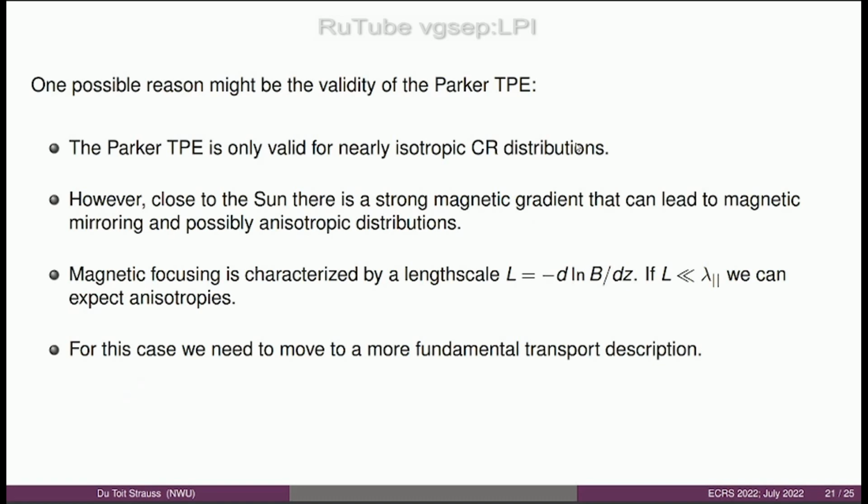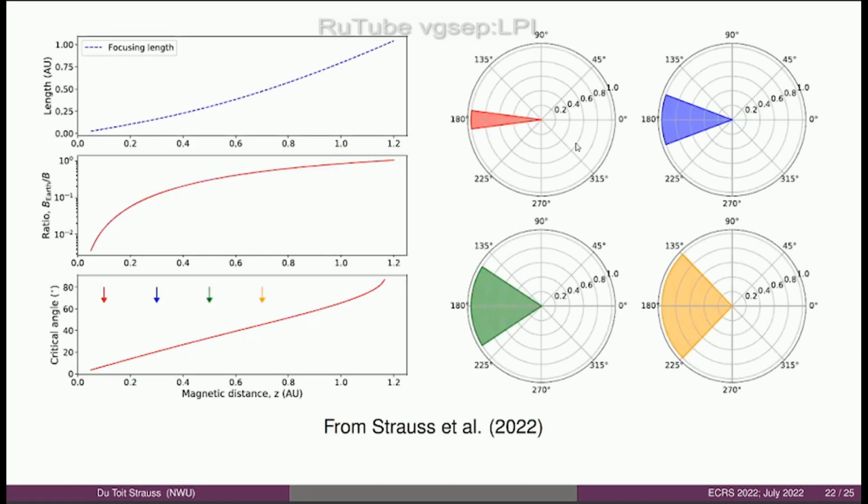One reason might be that the cosmic ray distributions are not isotropic. So there's some mirroring happening very close to the sun, and we need to account for this. At the moment, we're working on trying to understand this. If you reverse our models, so you start with an isotropic distribution at Earth, which is a magnetic distance 1.2 AU from the sun, and you evolve this isotropic distribution towards the sun, what will happen to it?